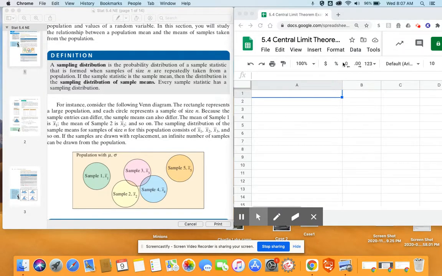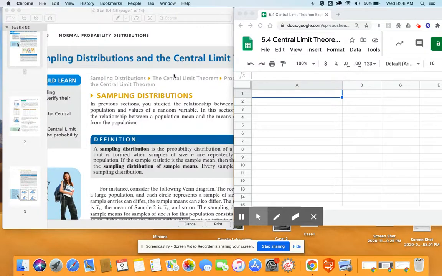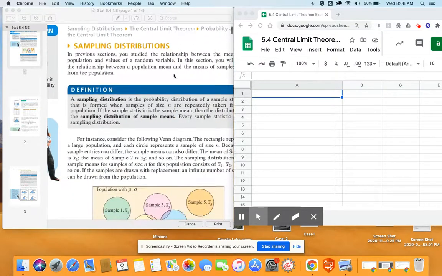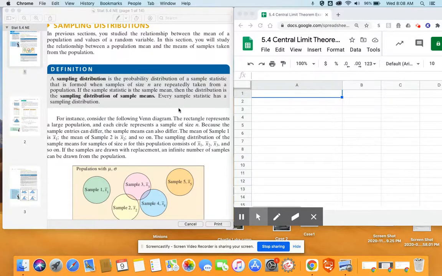All right, good morning. I'm starting to talk about section 5.4 here, sampling distributions and the central limit theorem. It gets a little bit wordy with some definitions, but the big concept in this section is that in the previous sections, 5.1, 5.2, 5.3, we were talking about calculating percentages or probabilities for individual data points when compared to a normal population or normal distribution.